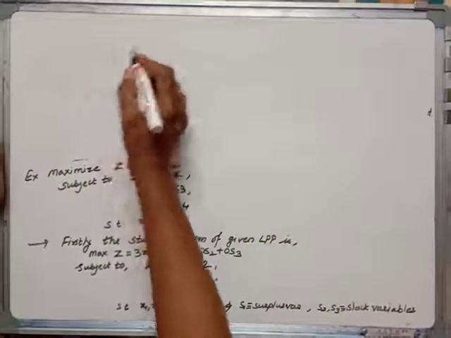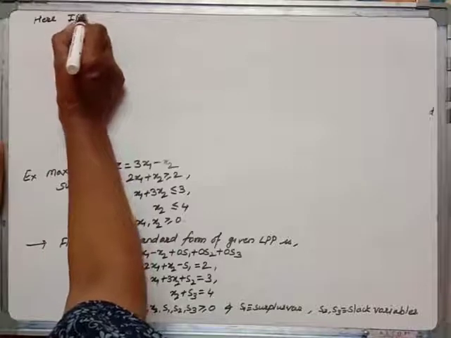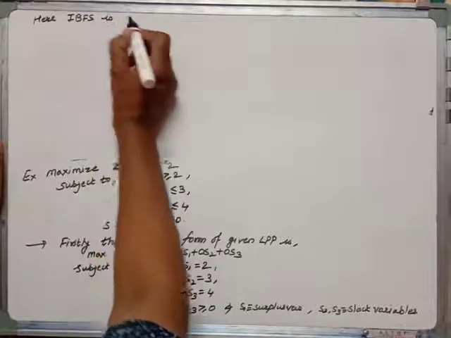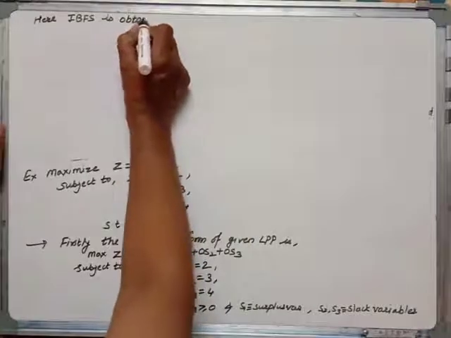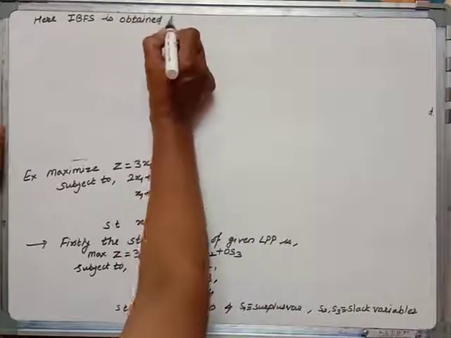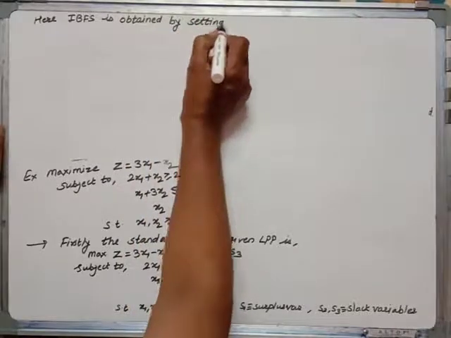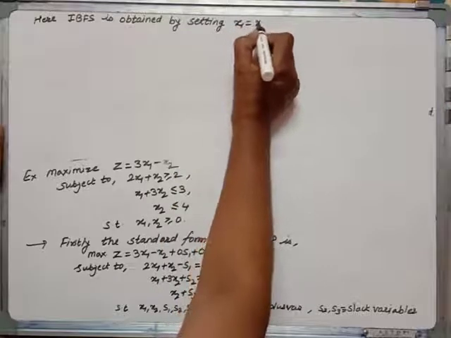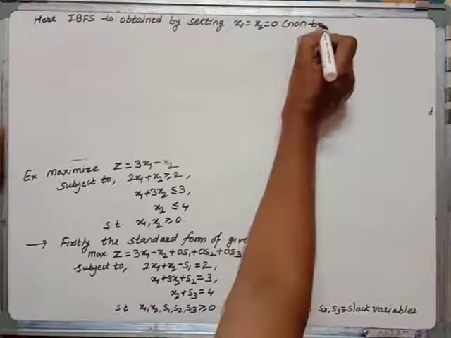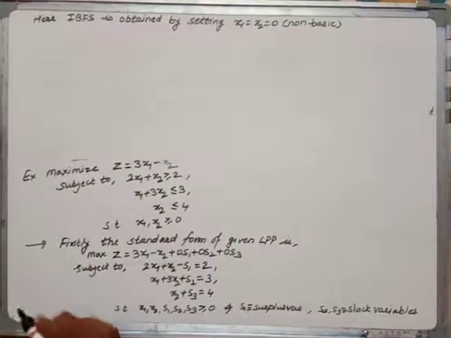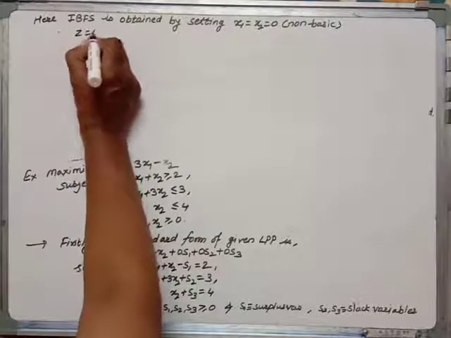Now here IBFS is obtained by setting x1 equal to x2 equal to 0, which are non-basic. So x1 equal to x2 equal to 0, therefore z equal to 0.